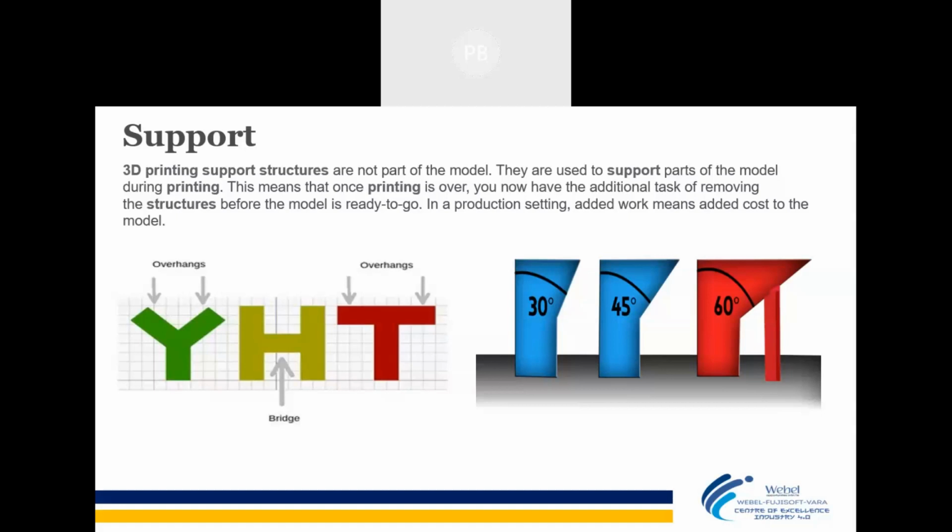So support also plays a very vital role. You always need to be very careful when you are doing 3D printing. The orientation of the part should be such that support development will be minimum. Otherwise, it will make a higher cost. The material will be consumed and the product cost will increase. Okay, everybody?